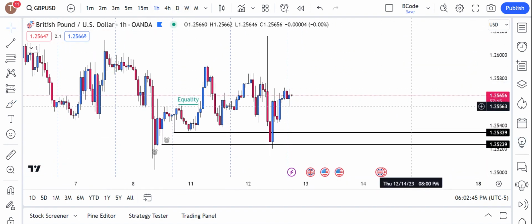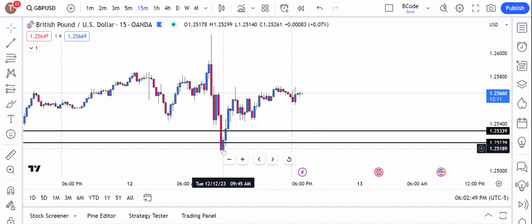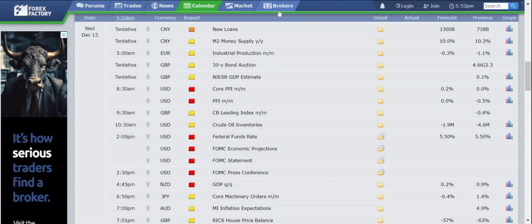And the first identification of that buy is what happened earlier today during news, which occurred at 9:30. So let's go back to our calendar. There was 9:30 a.m. news that happened with GBP, the Great British Pound, as well as, right the hour before that, United States dollar news that was red folder. So there was a lot of news that occurred today.